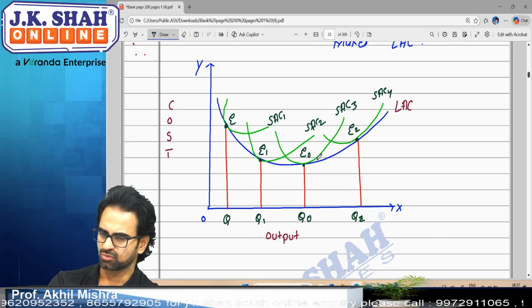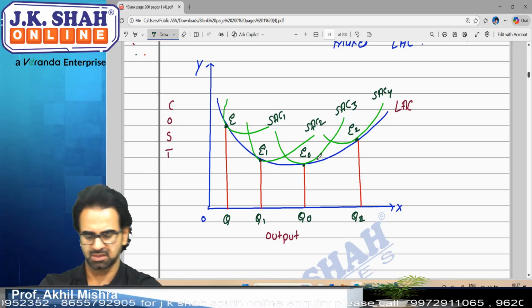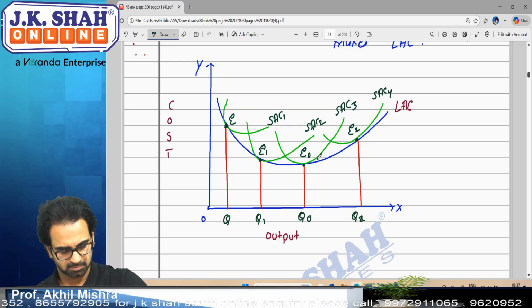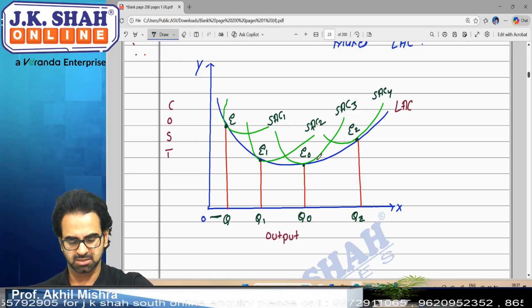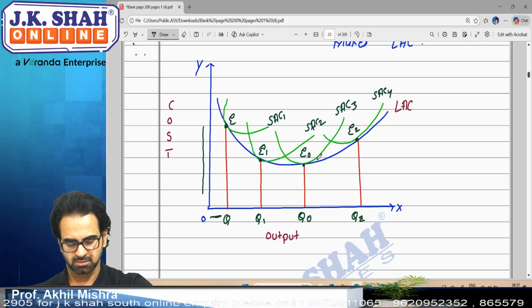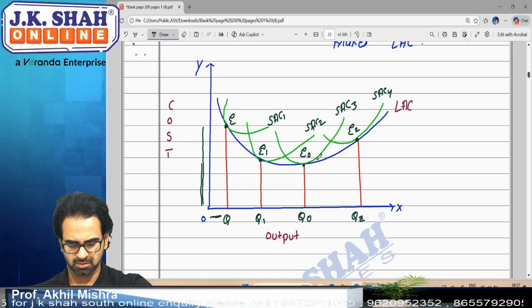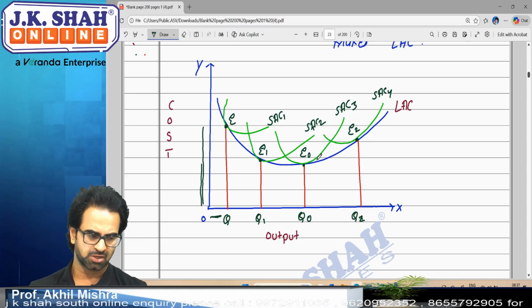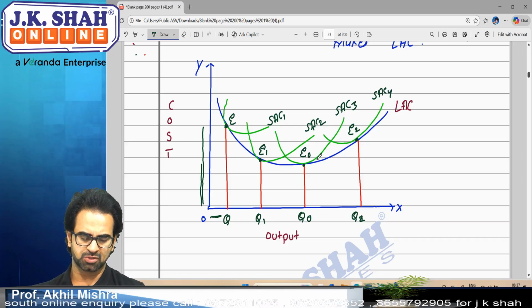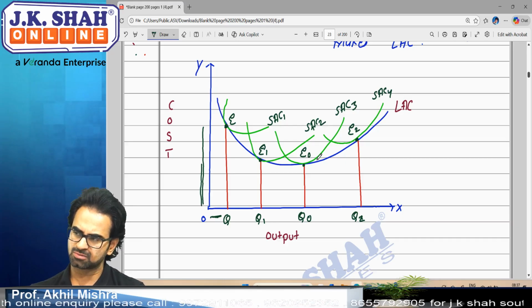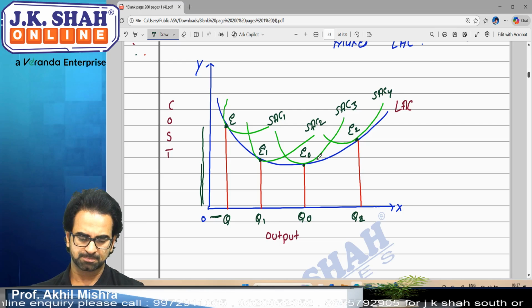Output is just OQ, small, this area, but the cost is still here. This is the whole cost. Cost is too big. So would we like to produce output in which the cost is very high and output is very low? I don't think so.